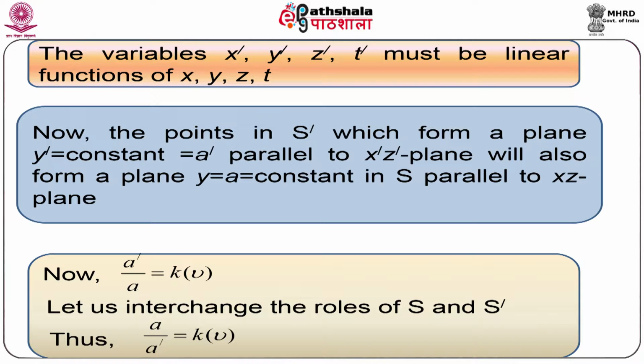Then x, y, z and t are the space-time coordinates of the event in S. Here x, y, z are the space coordinates, whereas t is the time coordinate. x, y, z are measured by a standard measuring stick which is at rest in frame S, and the time t is read on a standard clock kept at rest in frame S at the point P.